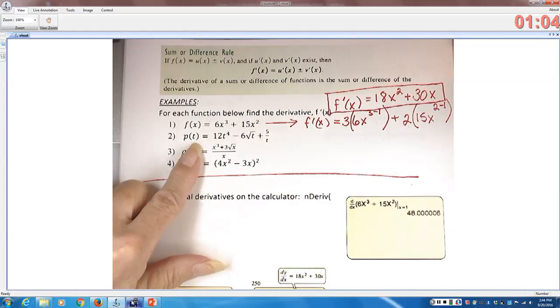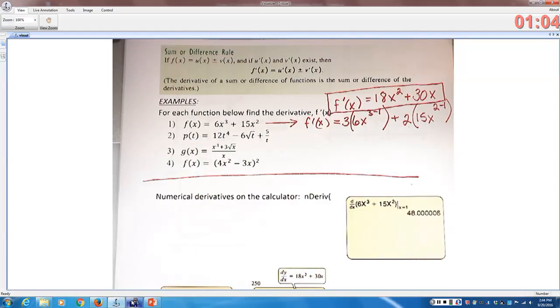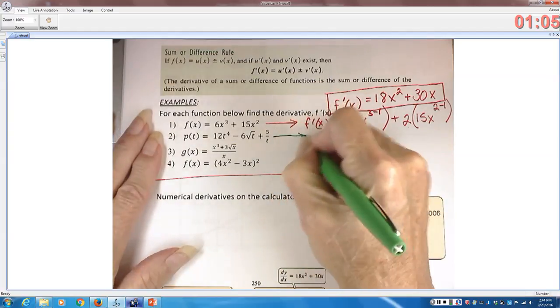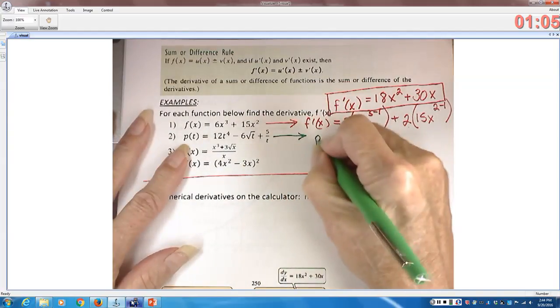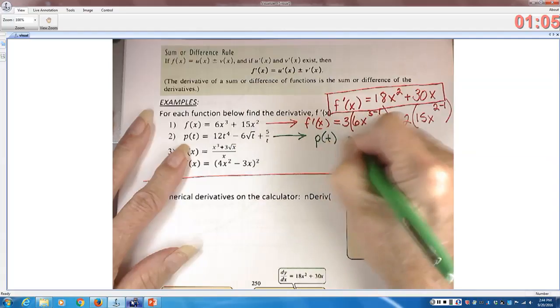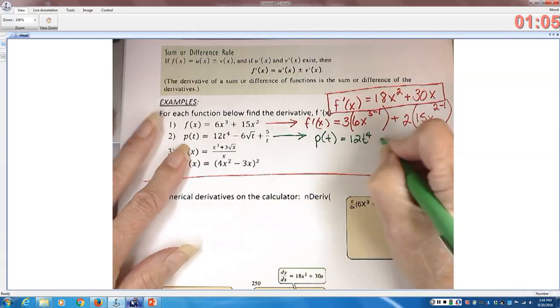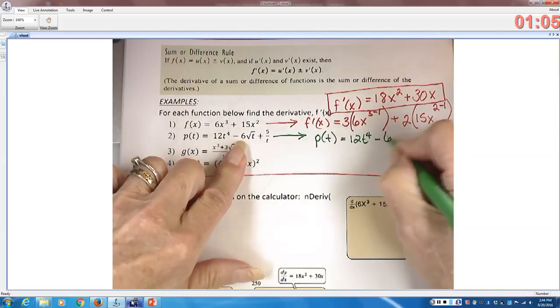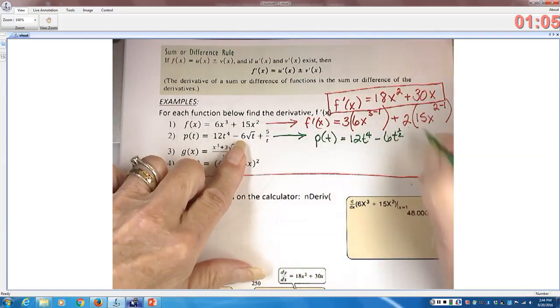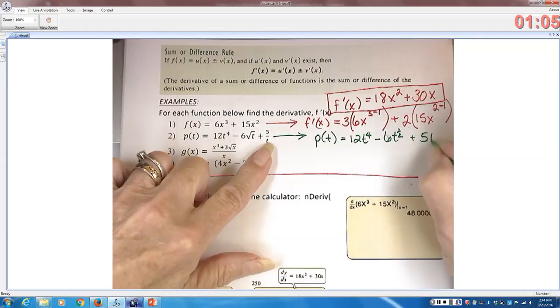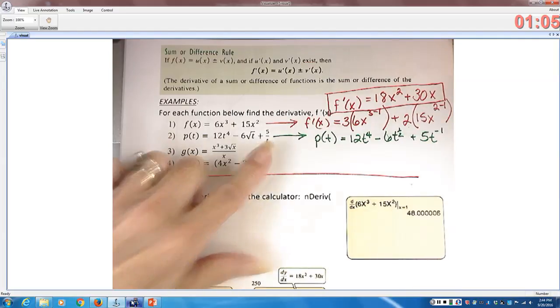My second one is P of t. The only thing I have to remember here is that I can rewrite P of t. (12t to the fourth) is just fine. I have no issues with that. This needs to be 6t to the 1/2 power, and the last term needs to be 5t to the -1 power.